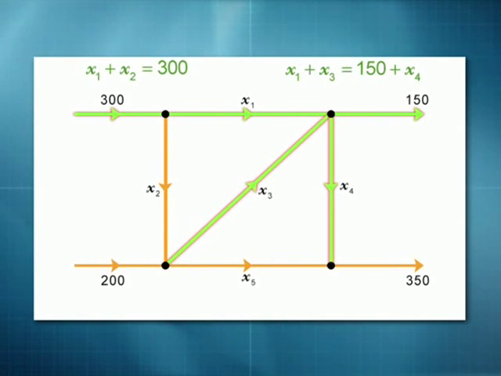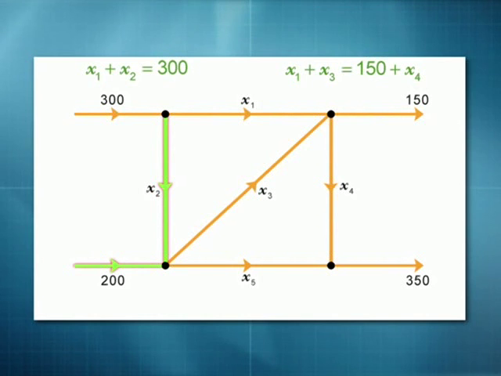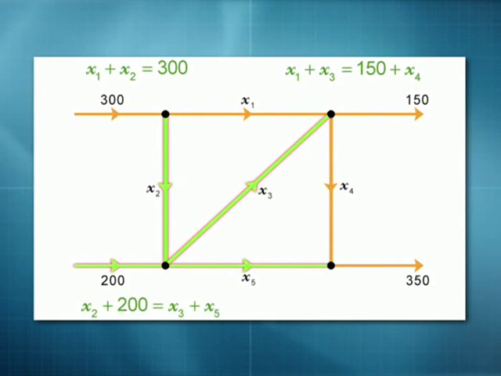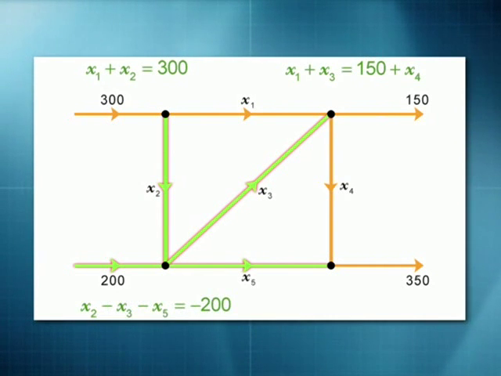Let's look now at the lower left. 200 plus x2 are coming in, and x3 plus x5 are leaving. So x2 plus 200 equals x3 plus x5. And that can be rewritten a little bit: x2 minus x3 minus x5 equals minus 200.